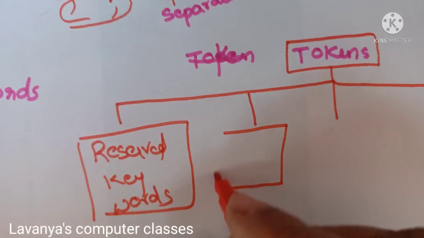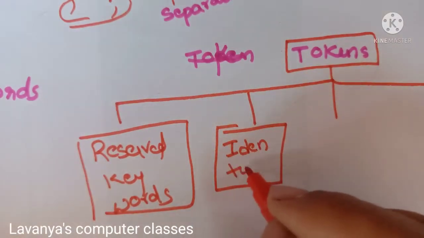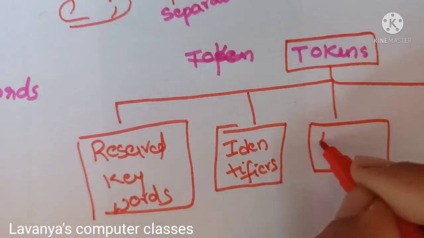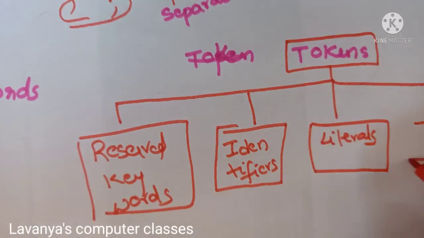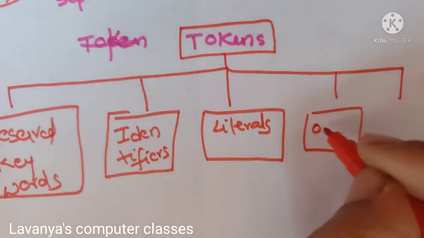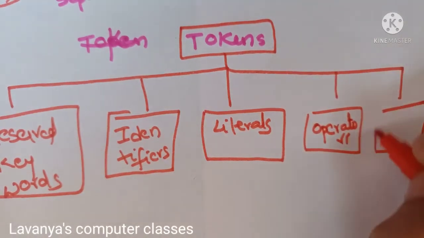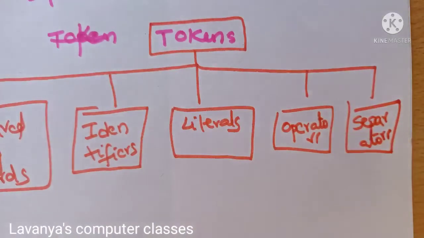Second one is identifiers. Third one is literals, then operators, and the last one is separators. So these are all called tokens.